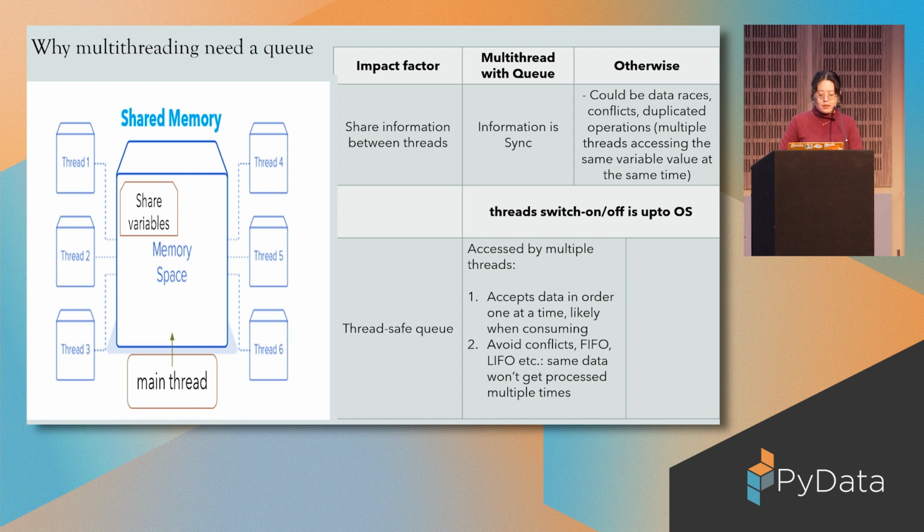But with a thread-safe queue, this problem can be solved, because then multiple different threads can access data in order, one at a time, when consuming the data. Also, the management of the task queue can avoid conflicts of different threads accessing the data and performing operations.